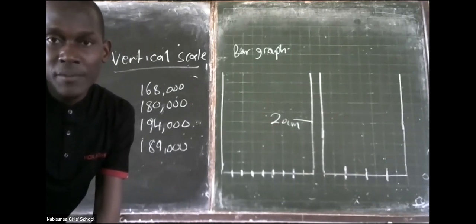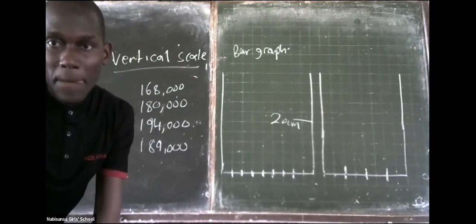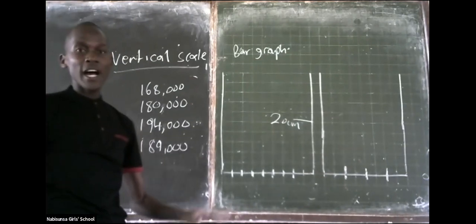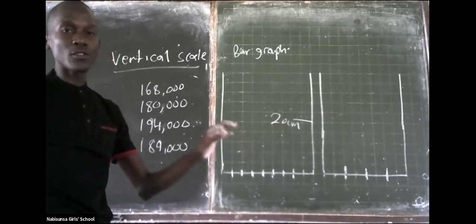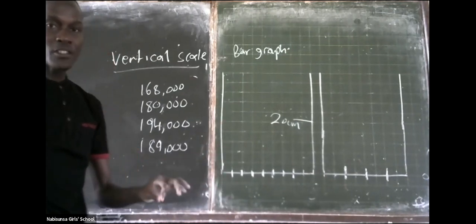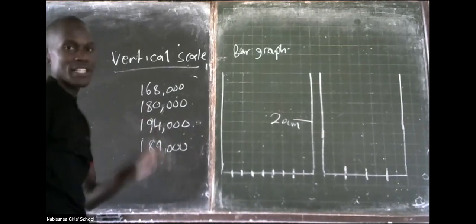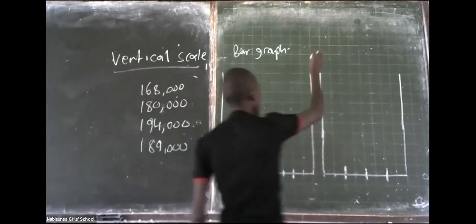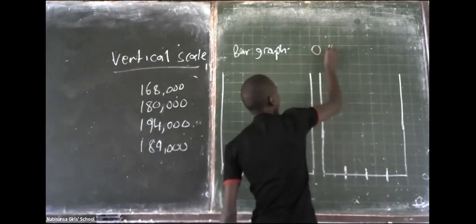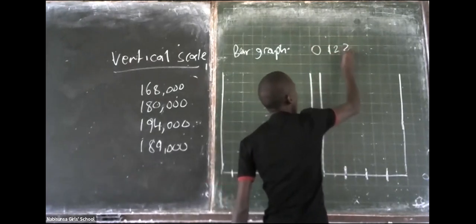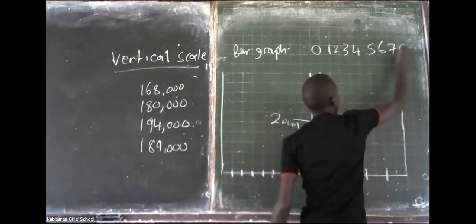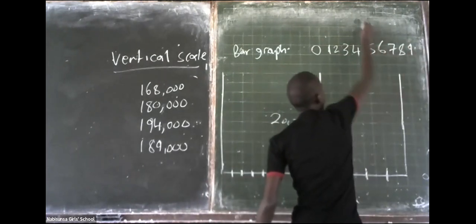Should I proceed? Yes, teacher. Now, how do we get the vertical scale? The vertical scale, people, let us learn this method. The method is simple. We are having counting numbers: 0, 1, 2, 3, 4, 5, 6, 7, 8, 9.